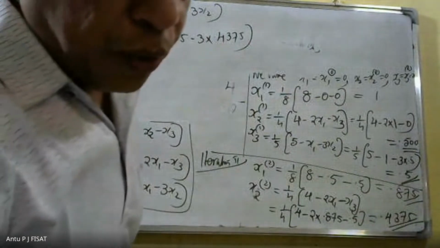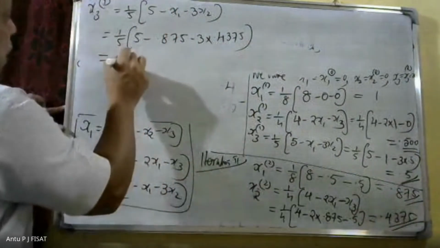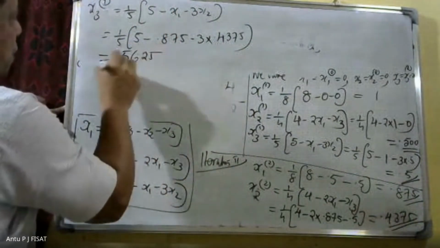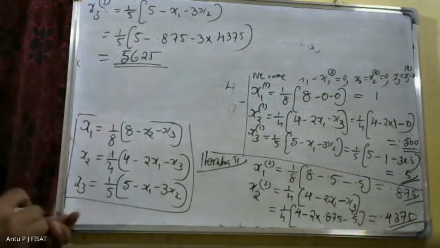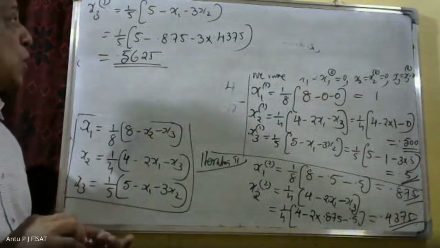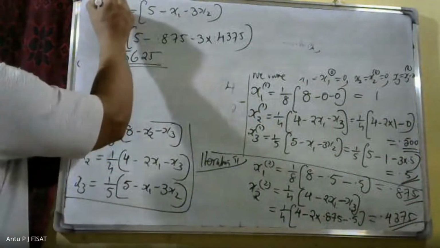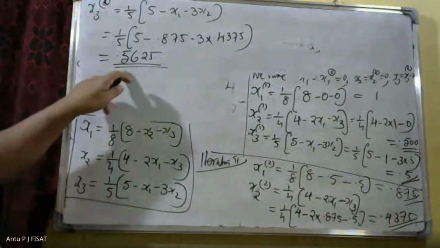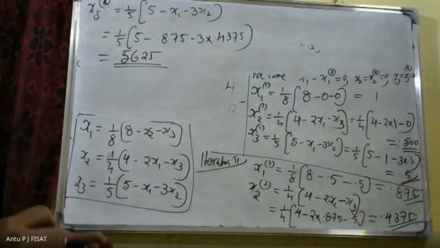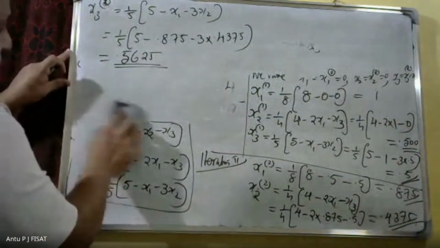Calculating, we get the value 0.5625. Therefore, the value of x3 raised to 1 is equal to 0.5625. Then we pass on to the next iteration.